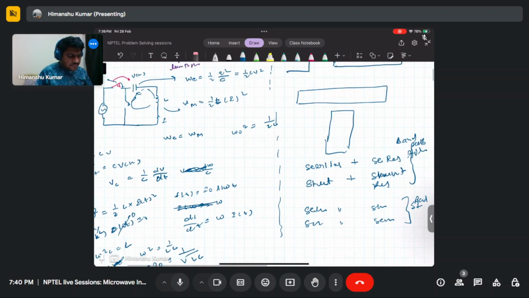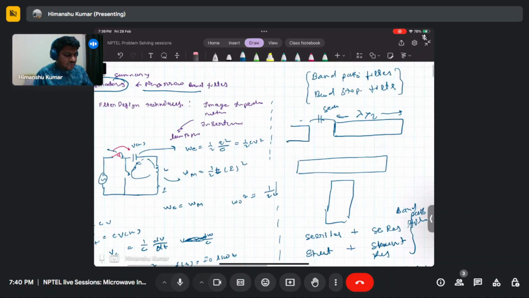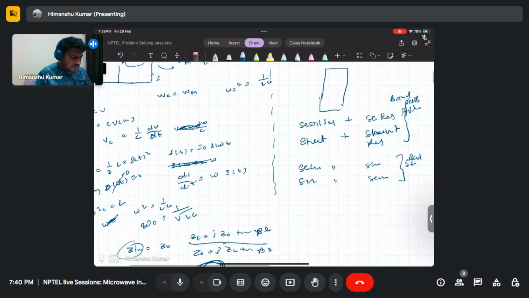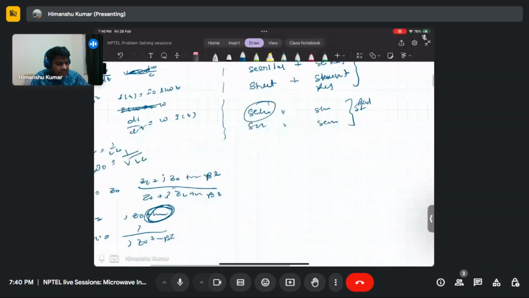Suppose you want to define a band reject filter. So for a band reject filter, you need to take a series resonator with the shunt line.